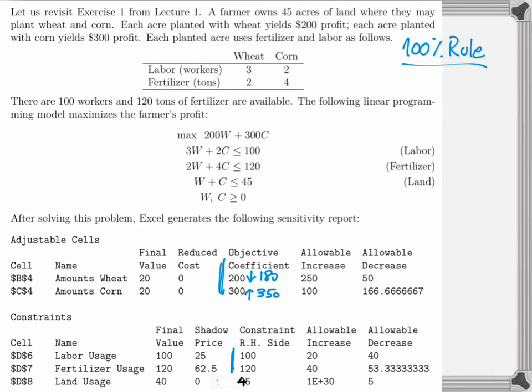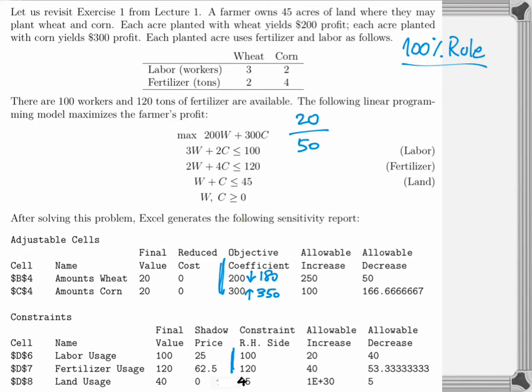Can I still claim that the solution will stay the same? Well, here's what you do. The change in wheat is a decrease of 20. Look at the allowable decrease: it's 50. So out of the 50 that I could decrease, I decreased 20. I consumed 40% of what I could have decreased, 20 over 50.